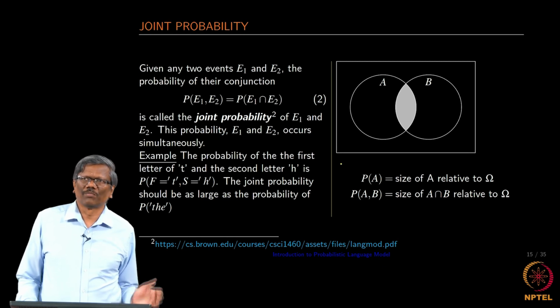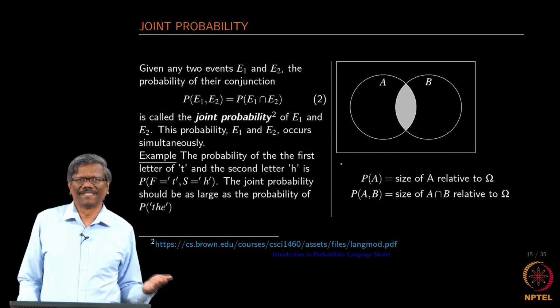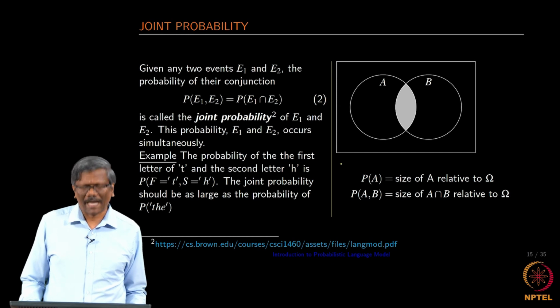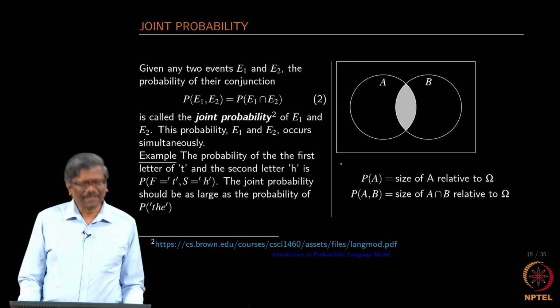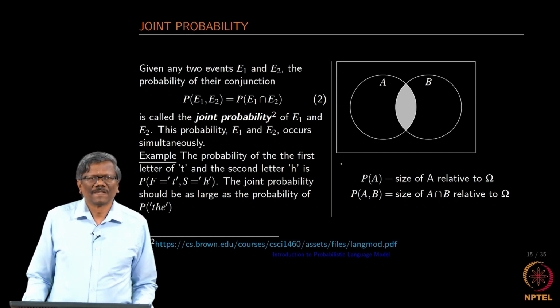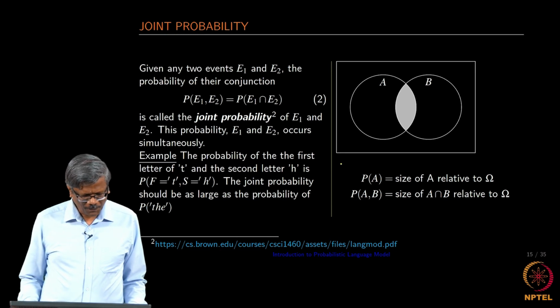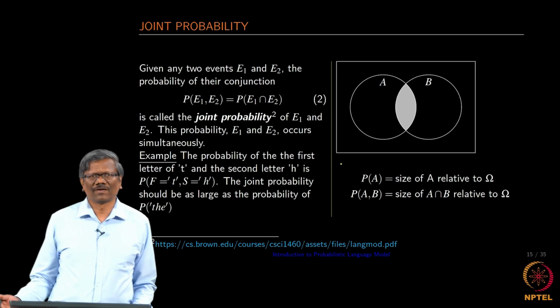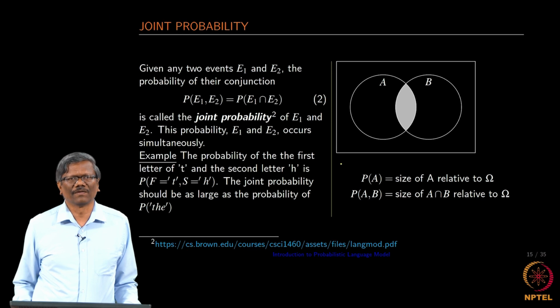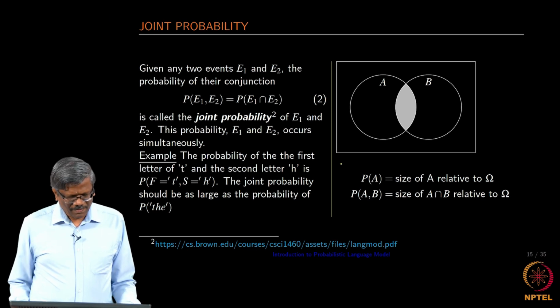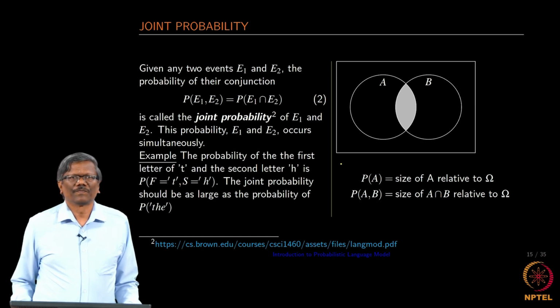For example, I want to combine the probability of event E1 and the probability of event E2. It is defined in set notation as given in 2. This is called the joint probability of E1 and E2, the probability that E1 and E2 occur simultaneously.